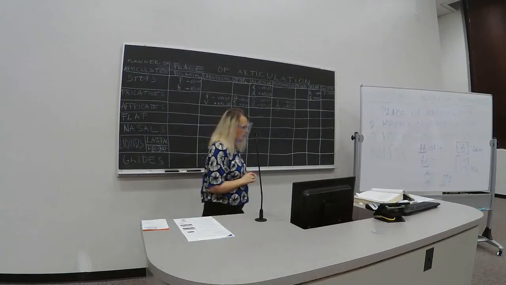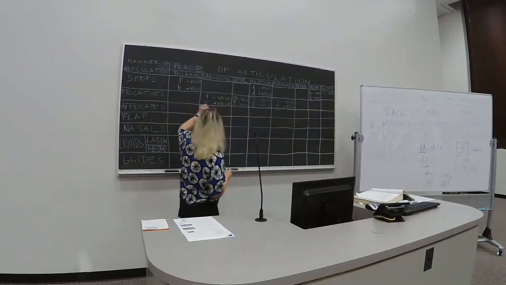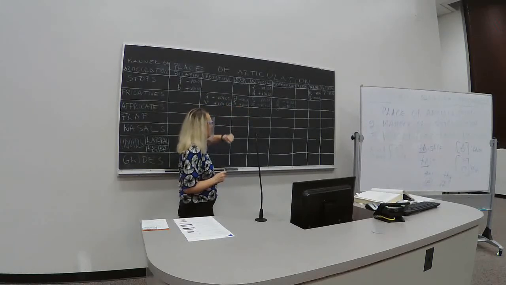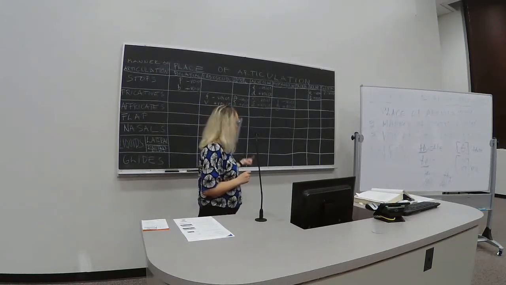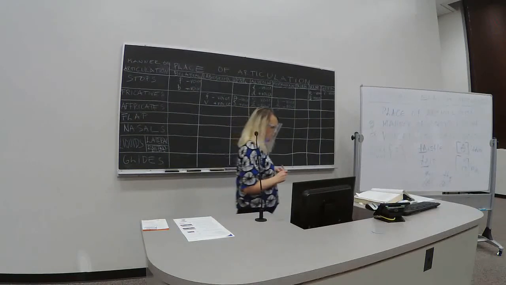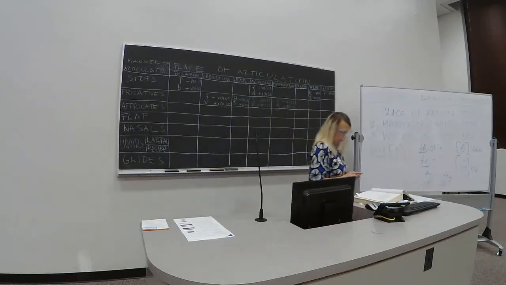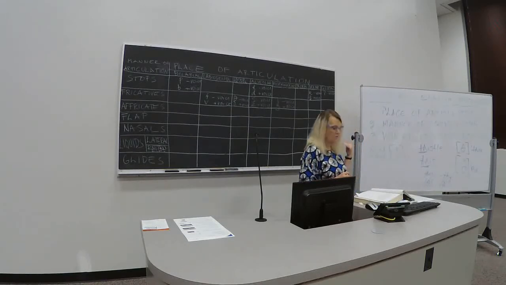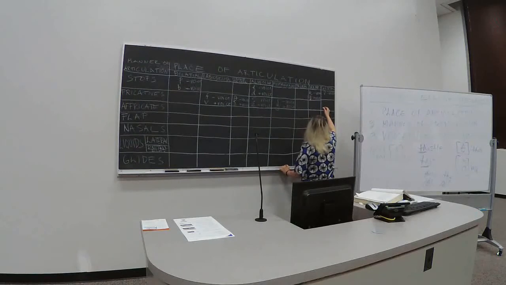Okay, and you can already see that we've got a pattern here. In these different places of articulation, you find two fricatives, one voiced and one voiceless, except when we go even further down to the glottis, where the glottis is used as the place of articulation for the sound. So this is a glottal fricative.